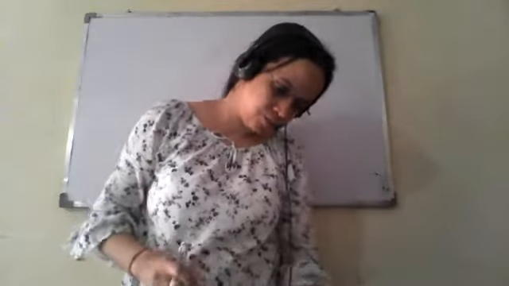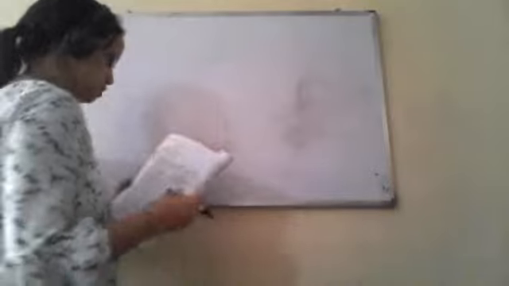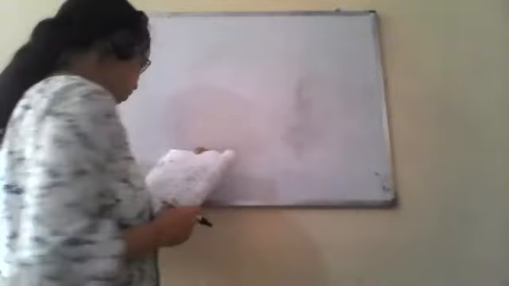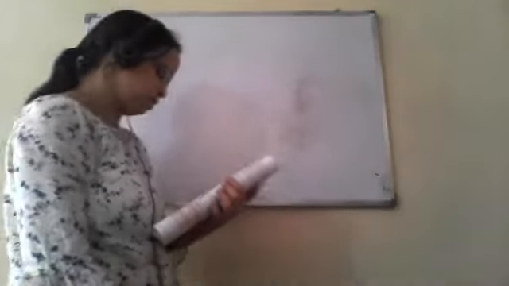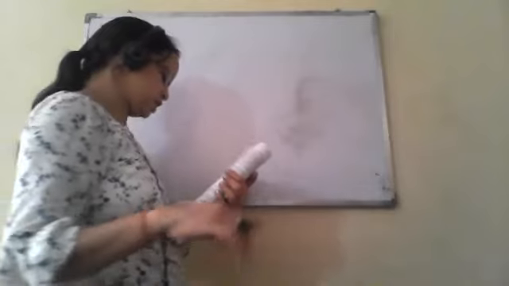A suitcase with measures 80 centimeter, 48 centimeter, 24 centimeters is to be covered with a tarpaulin cloth. How many meters of tarpaulin cloth of width 96 centimeter is required to cover 100 such suitcases? So we have got a box.